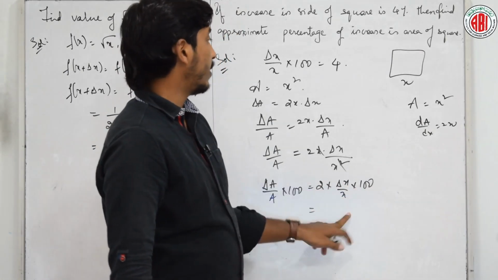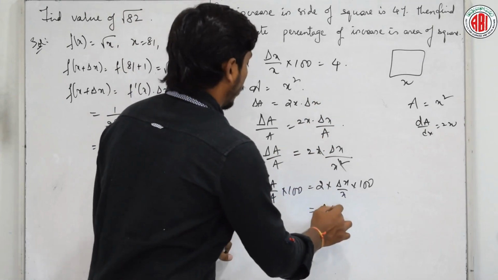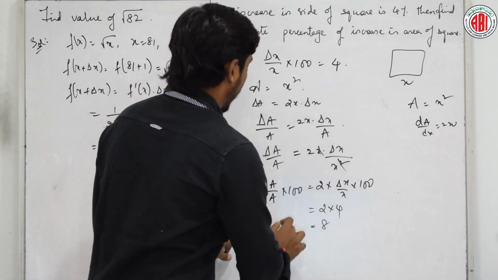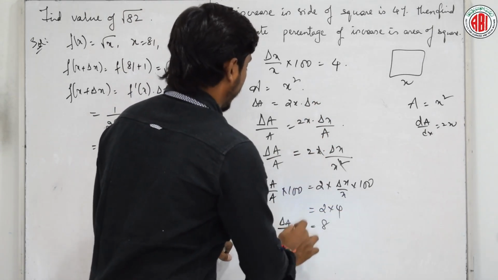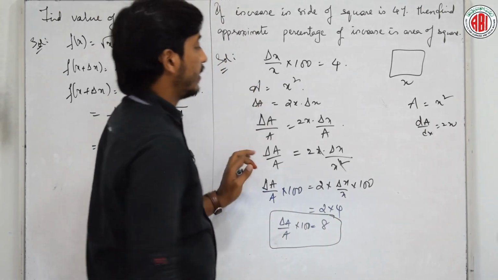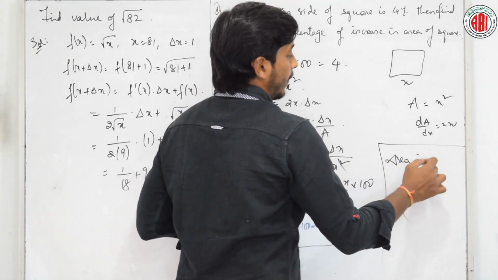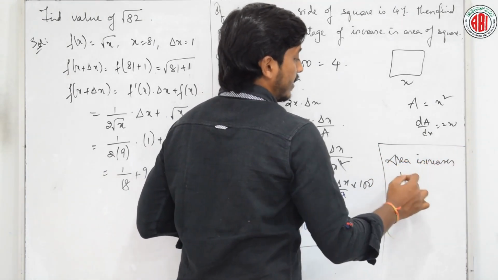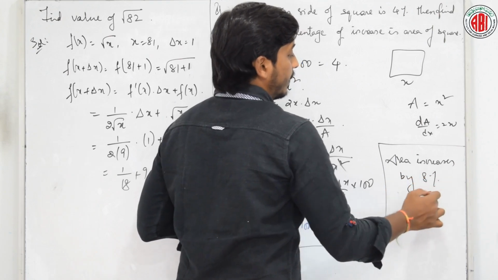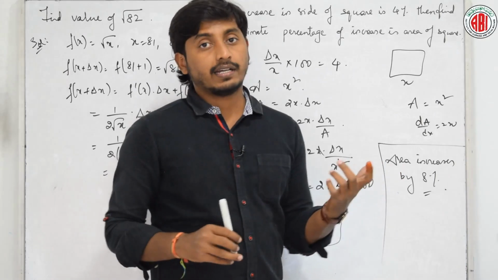Del x by x into 100, that is nothing but 4. Therefore, 2 into 4, that is nothing but 8. This is del A by A into 100. Therefore, the area increases by 8%. Clear? Did you understand?